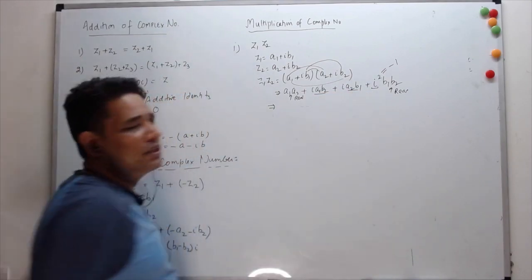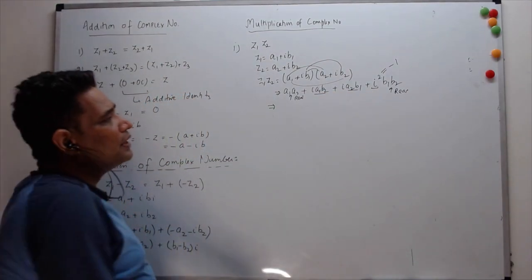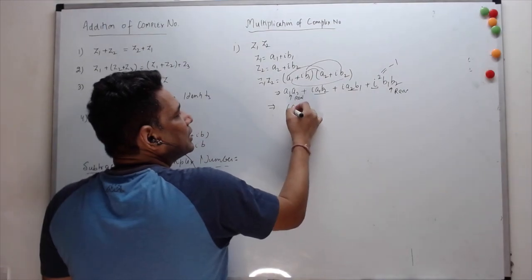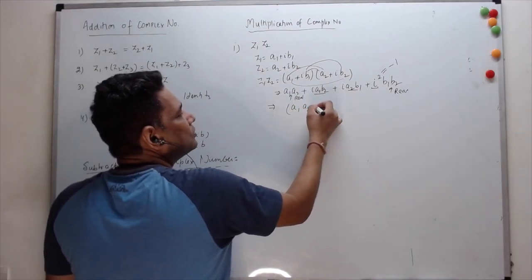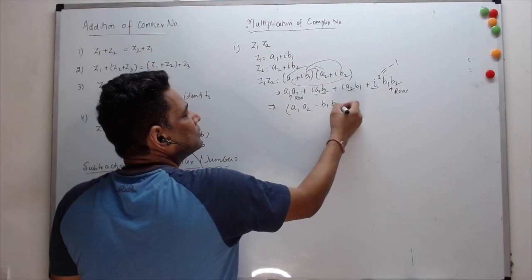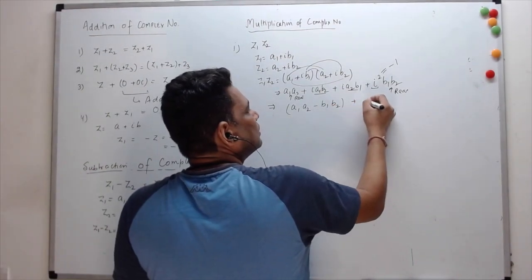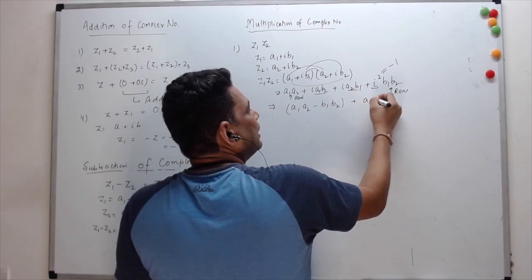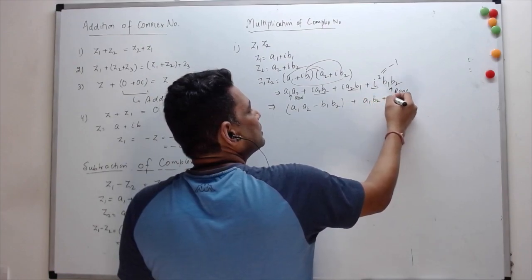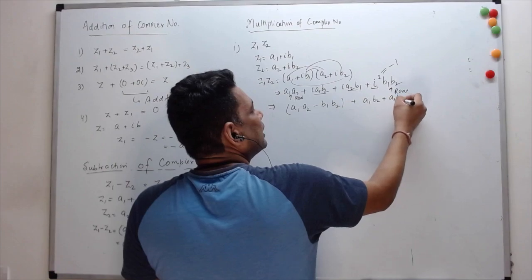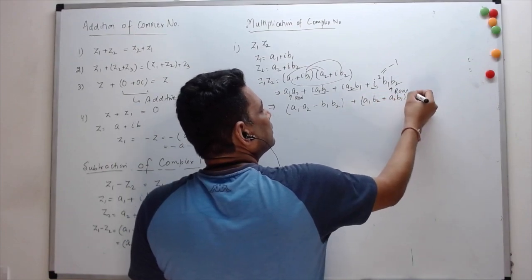These two are imaginary parts. So what we can do is basically club them together: A1 A2 minus B1 B2 plus A1 B2 plus A2 B1 times I.